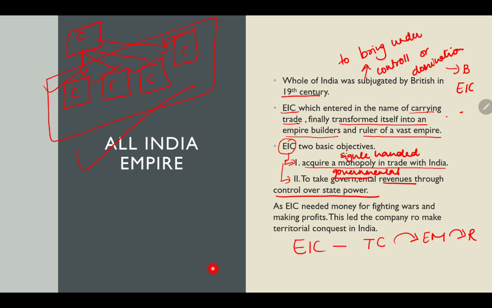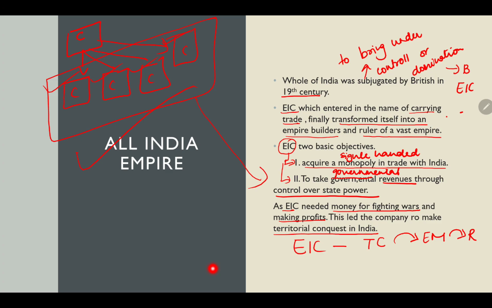Then ultimately this company can control everything. In the same way, the British applied this by controlling governmental revenues and state power. The East India Company needed money for fighting wars and making profits. This led the company to make territorial conquests in India.